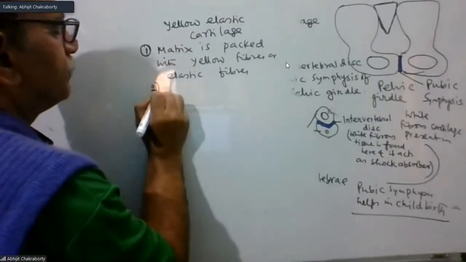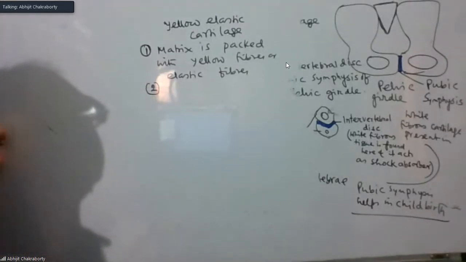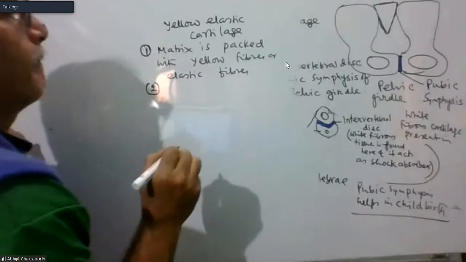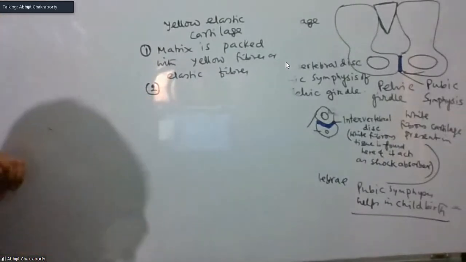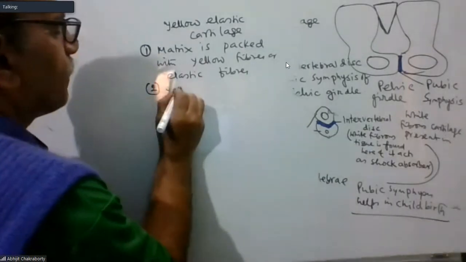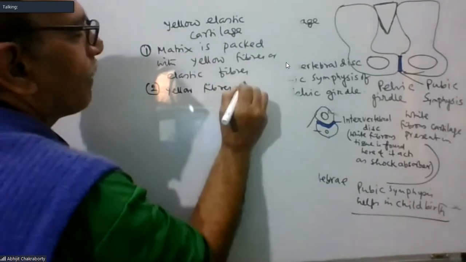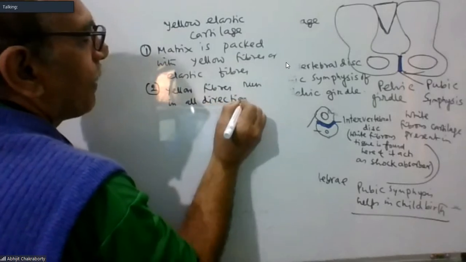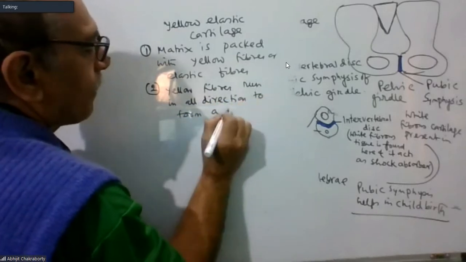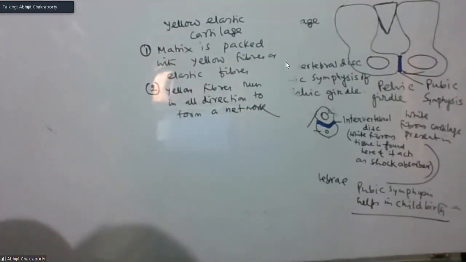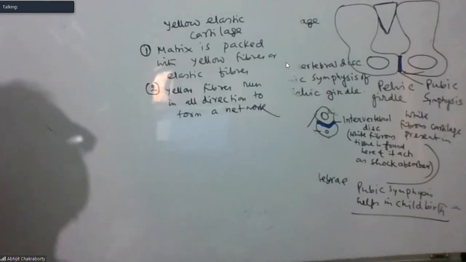Point 2 is, here you see, yellow fibers run in all directions to form a network.